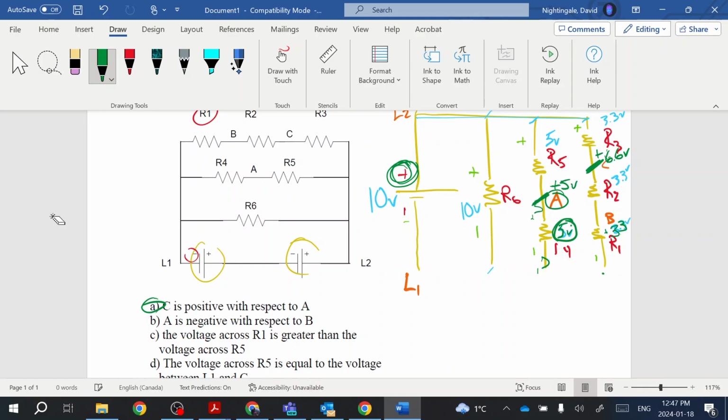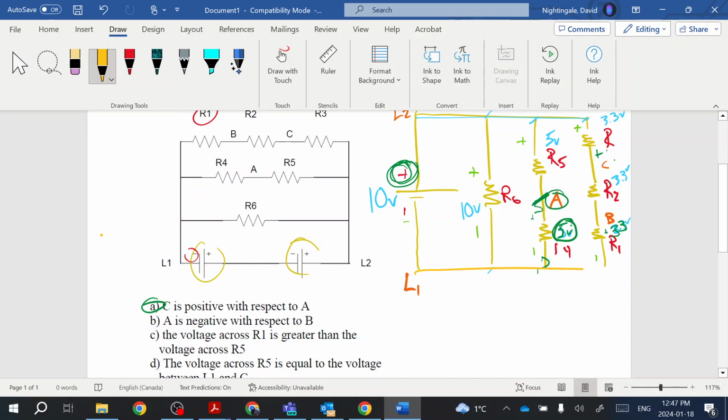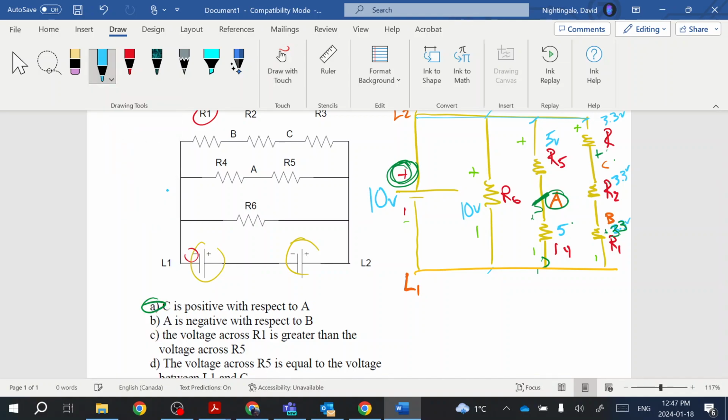Now let's just take a look at a few other options here and see why they would be incorrect. Okay. So still 5. Let's take a look at B. A is negative with respect to B. All right, so B is right here.